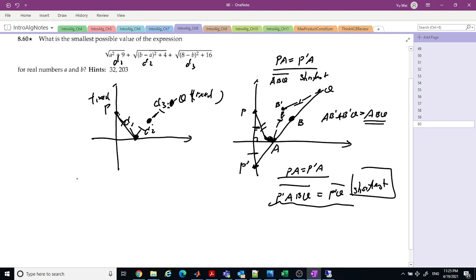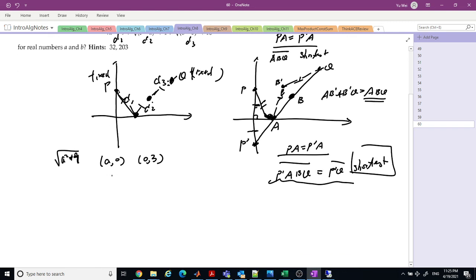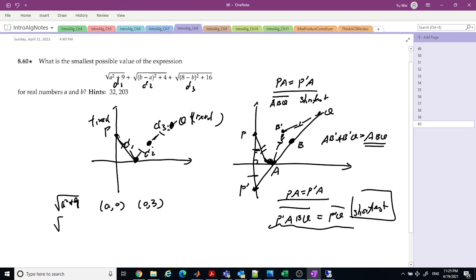Now let's see how to construct the square root of a squared plus 9. The a squared plus 9 is like I have one point and I have the other point. And the second one is b minus a squared plus 4, right?